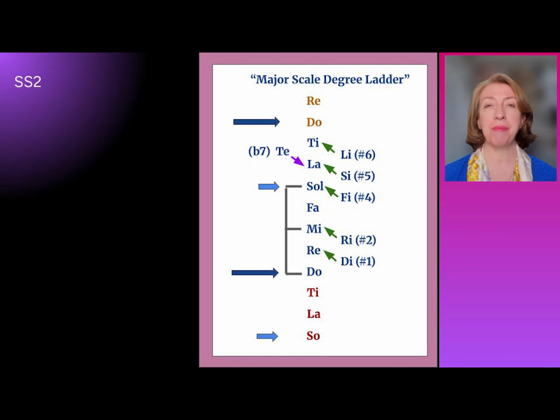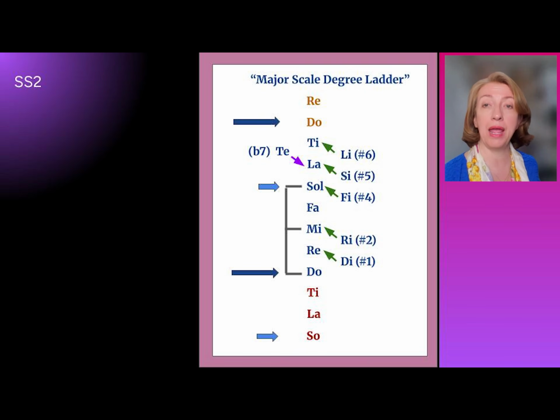So let's talk about what chromatic alterations you might encounter in sight singing 2. If you think about a basic major scale, you could conceive of this as a scale degree ladder. Do, re, mi, fa, sol, la, ti, do. The chromatically altered pitches you might encounter in your AP curriculum would involve raised scale degrees 1, 2, 4, 5, or 6, or lowered scale degree 7.